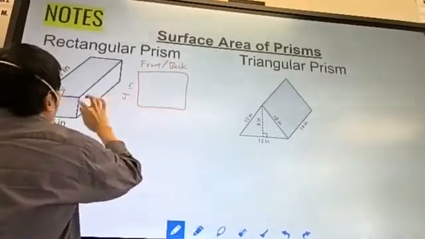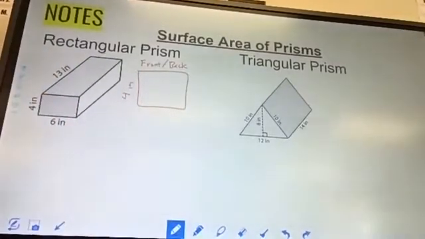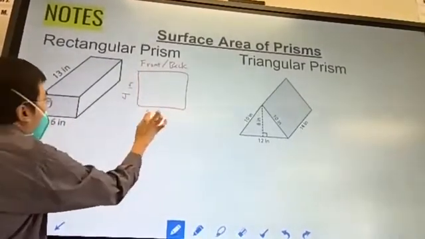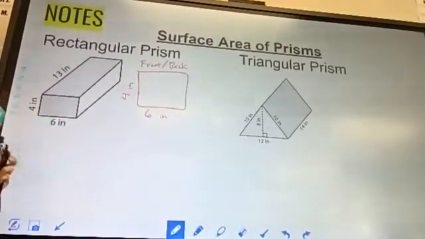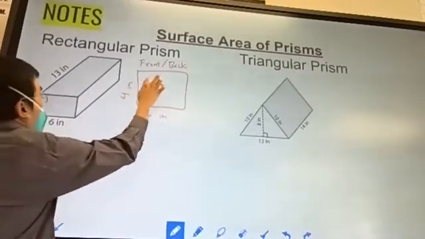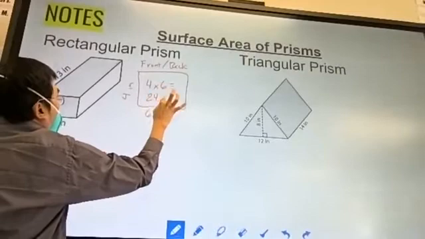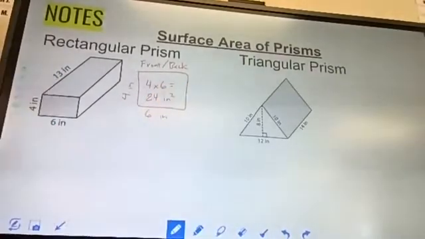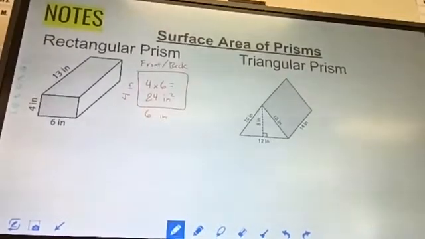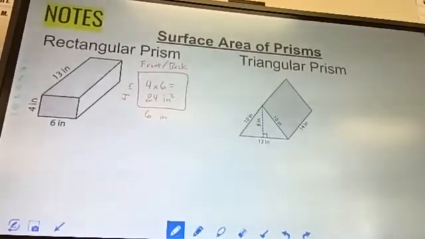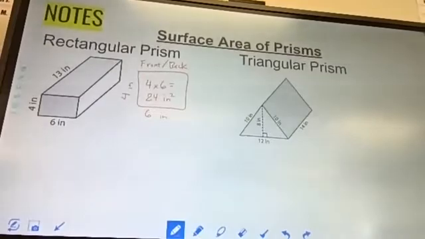And our back, sorry, that's the height, and then the base is 6 inches. So for the front and back, we do 4 times 6. And that's going to give us 24 inches squared. Okay. So the area for the front is 24 inches squared, and the area for the back is also 24 inches squared.